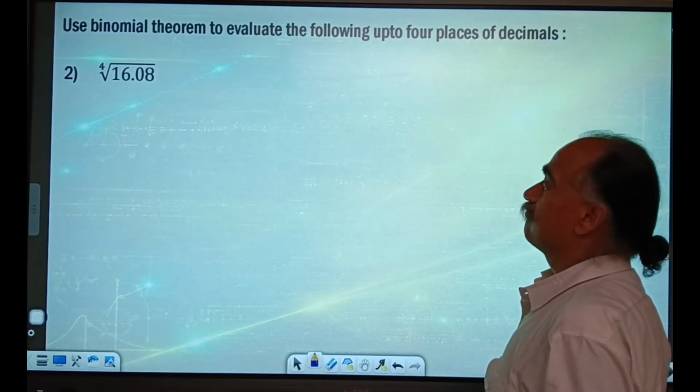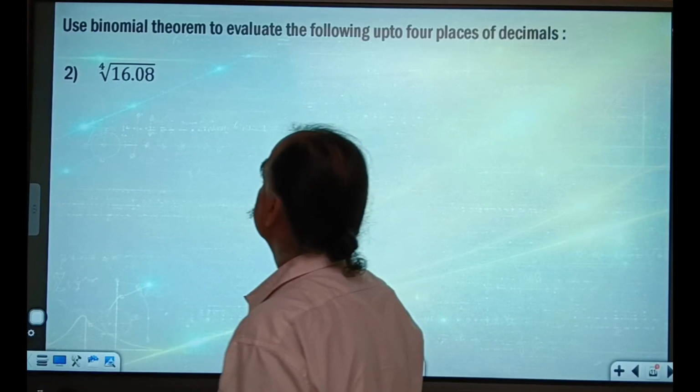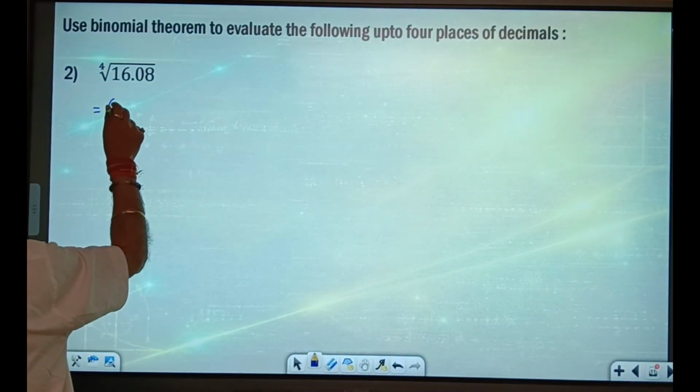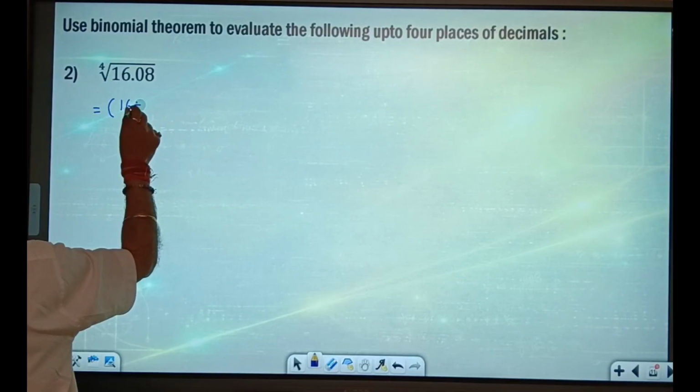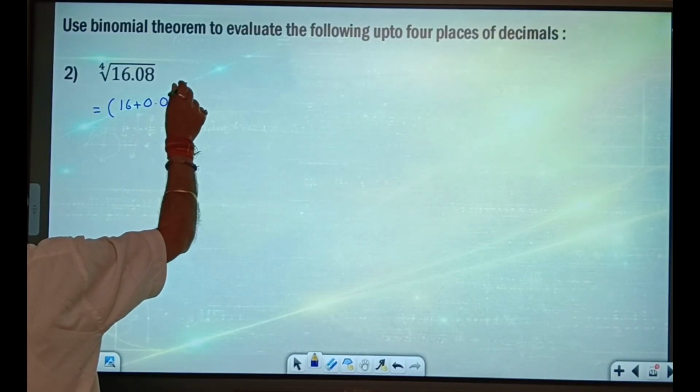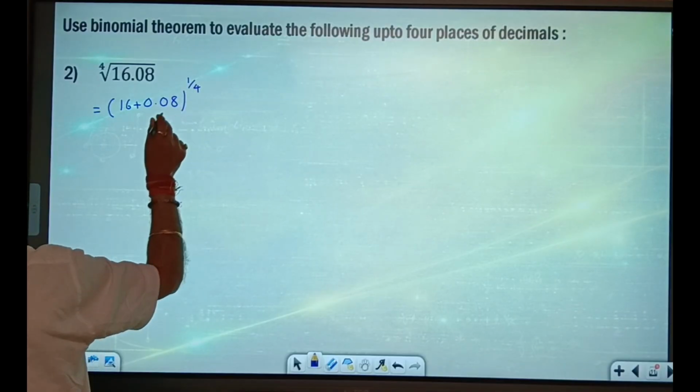Next is 4th root of 16.08. This can be written as 16 plus 0.08 raised to 1 by 4.